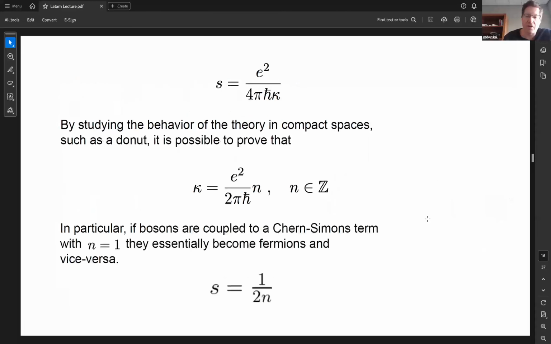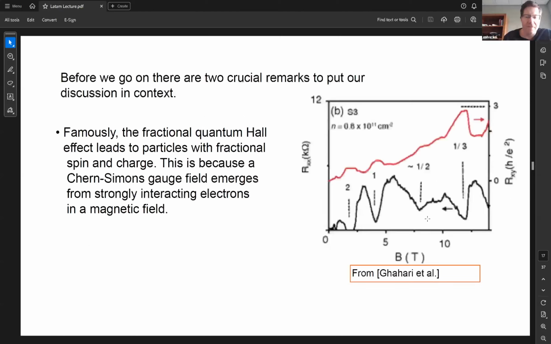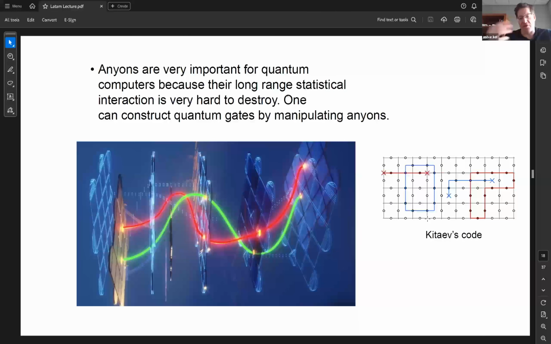So because this long-range interaction is so robust, it's believed to be quite stable against coupling to the environment. And so this allows you to create some effective quantum variables that you can manipulate without being too worried about the environment. Of course, you still have to do error correction because there are still some environmental effects. But as a starting point, it's a very promising starting point.